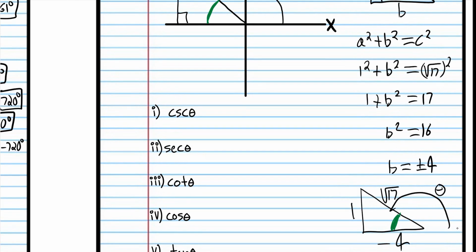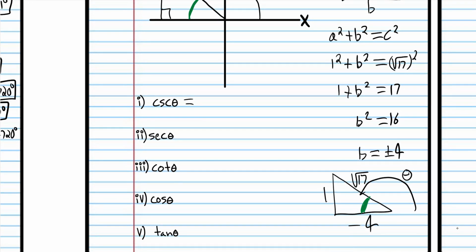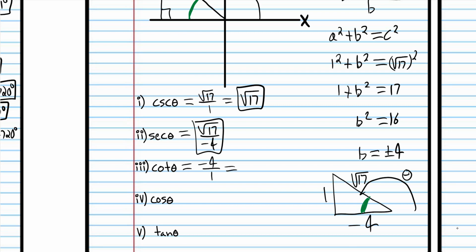So cosecant theta is equal to the hypotenuse divided by the side opposite the green reference angle. So that would just be root 17. Secant theta is the hypotenuse divided by the side adjacent to the green reference angle. Cotangent theta is the side adjacent to the green reference angle divided by the side opposite. So that's negative 4.